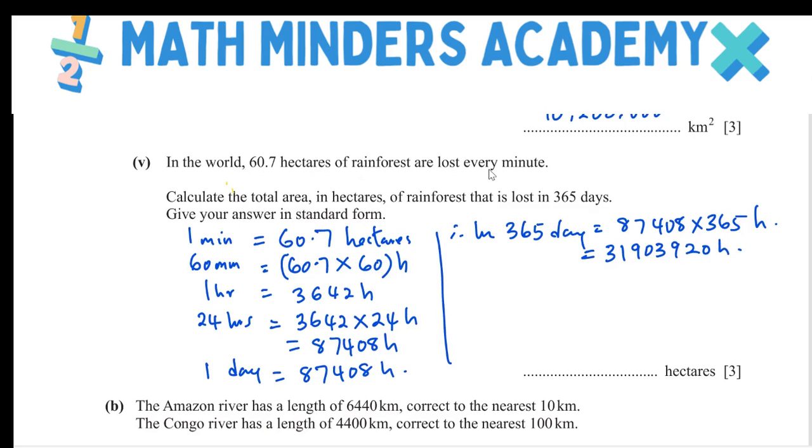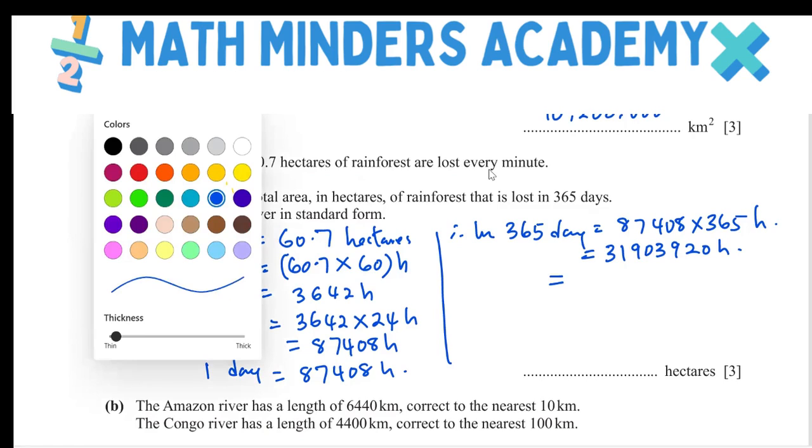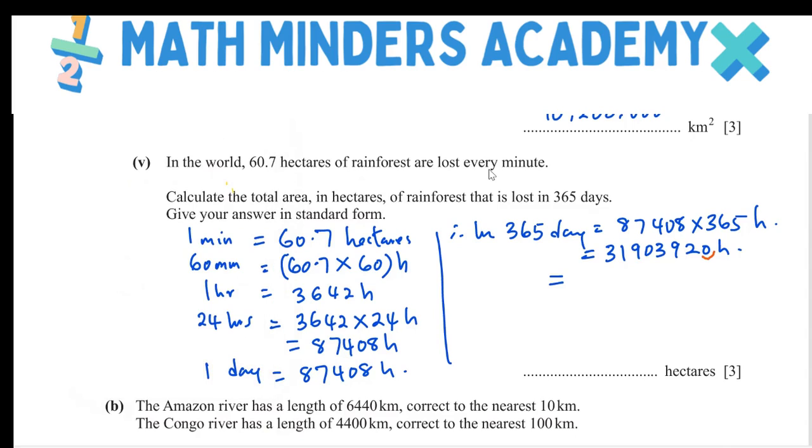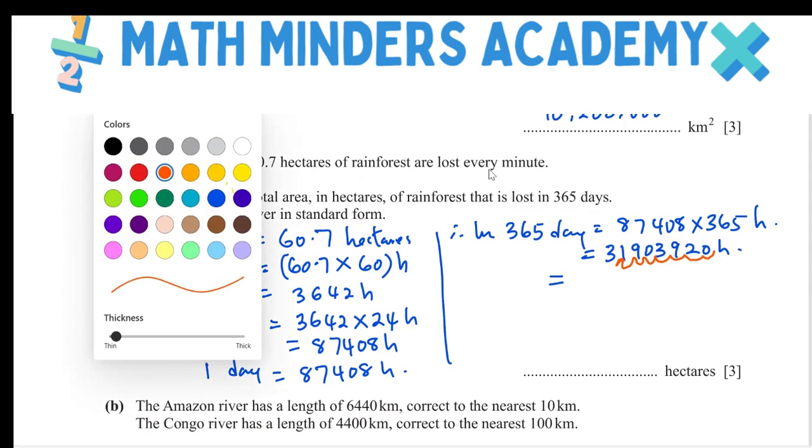This is going to give us the answer in standard form. We are going to move how many steps to return it to standard form? We are going to move from the back: 1, 2, 3, 4, 5, 6, 7. So we're going to move 7 steps back.